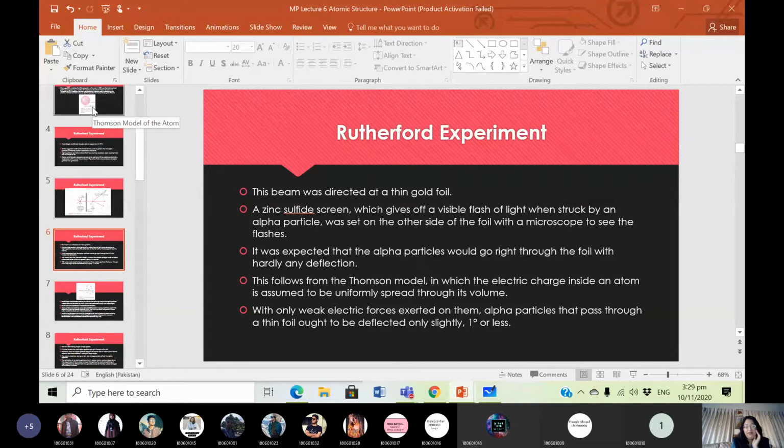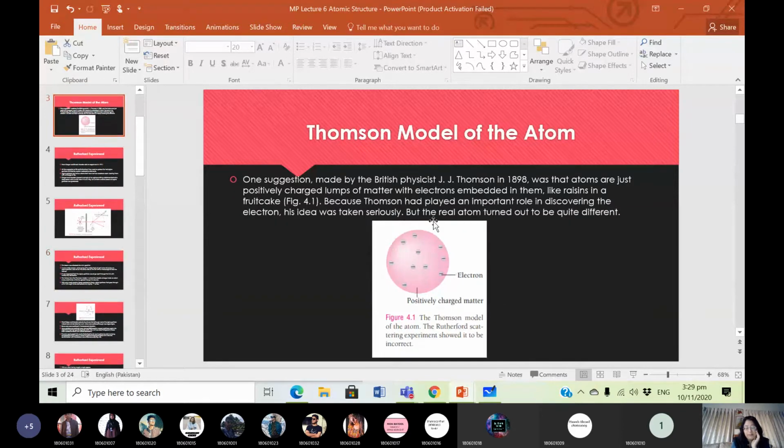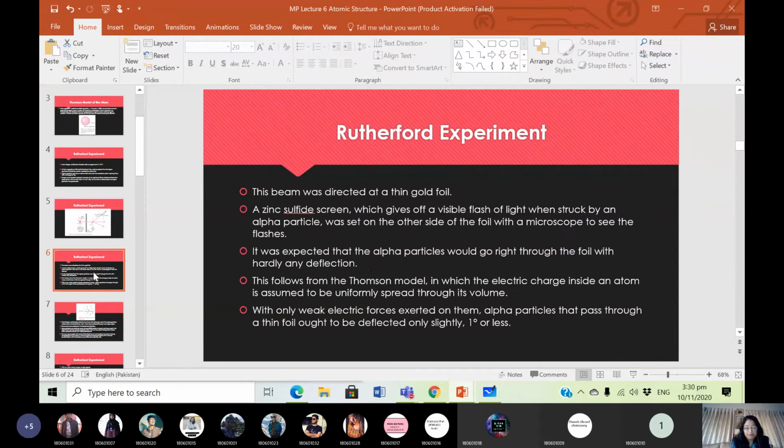Because according to Thomson's model, the atom looks like a plum pudding, मतलब कि इसमें एक पुडिंग है जो positively charged protons वगैरह हैं, and उसमें electrons are embedded, equally spaced, ठीक है, throughout the volume of the positively charged material. So इसमें क्या होगा कि we would expect most of the alpha particles to go through the foil with hardly any deflection, ठीक है? Because why?